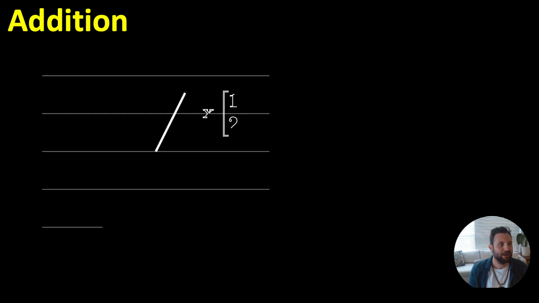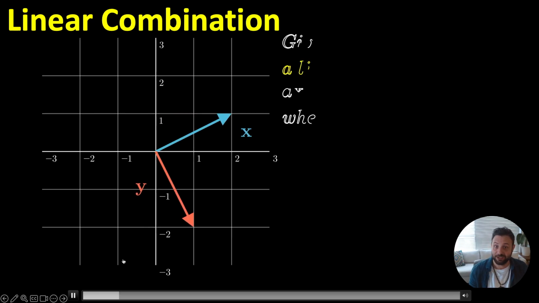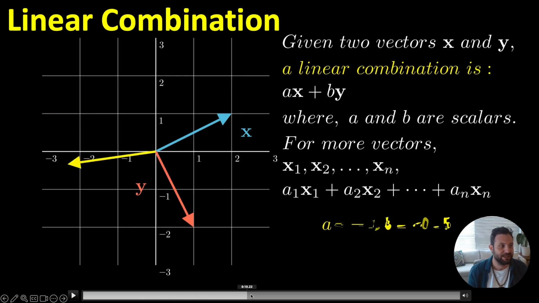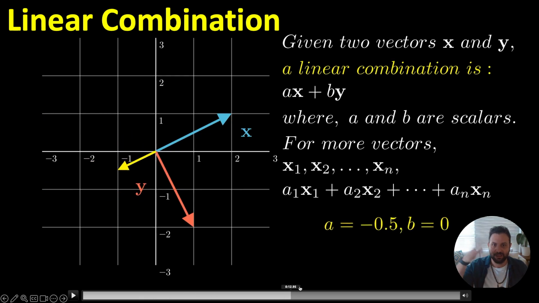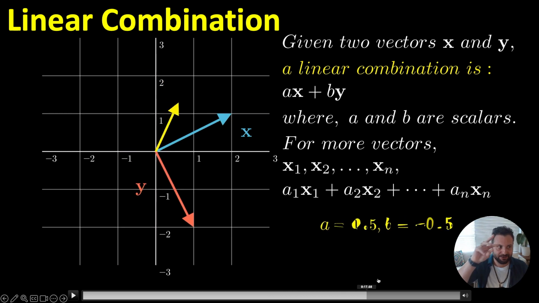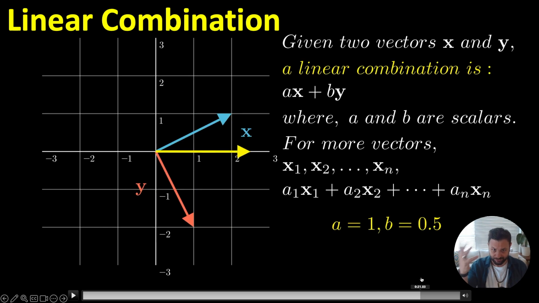And we also covered that linear combination of these two vectors, if I have different a and b numbers, when I combine them, I will have different yellow vectors. So okay, so far so good.